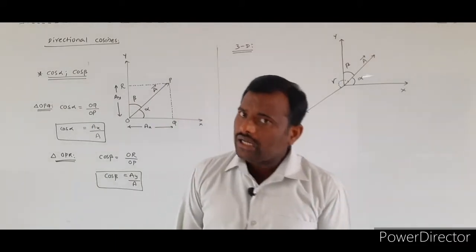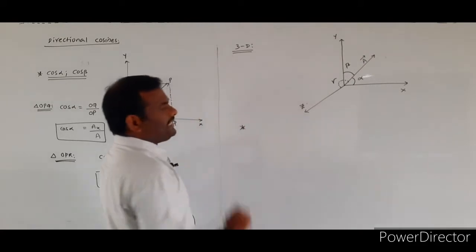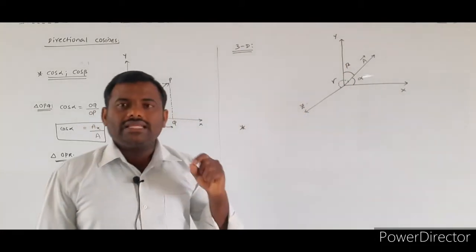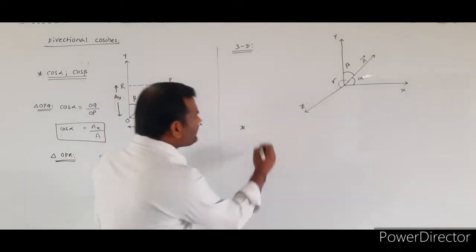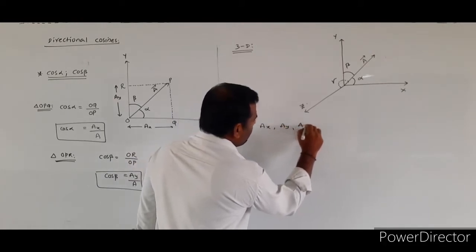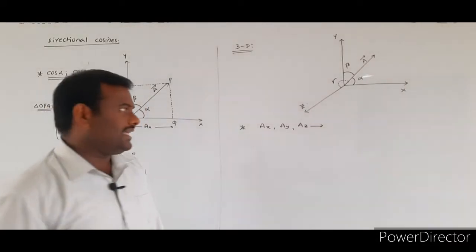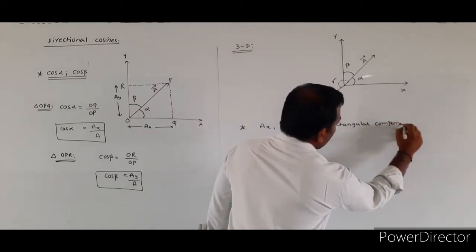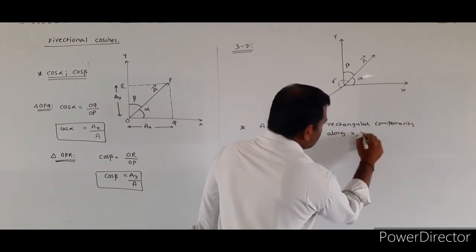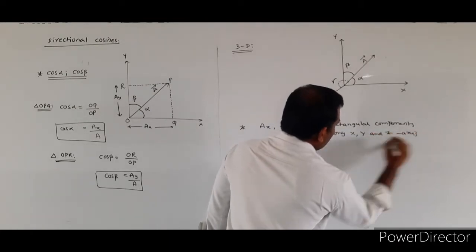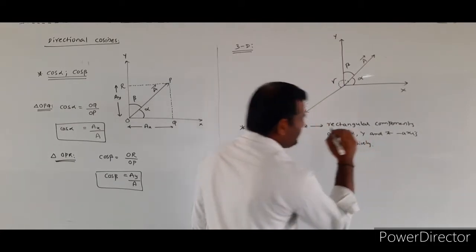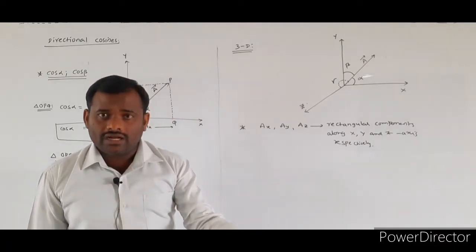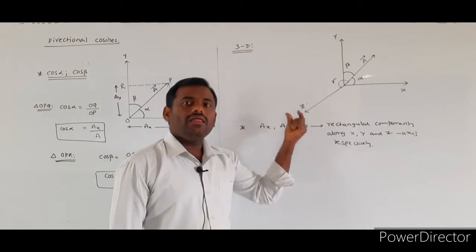So in the case of the xyz plane, the given vector A bar will be resolved into three rectangular components, indicated by Ax, Ay, Az, along the x, y and z axes respectively.